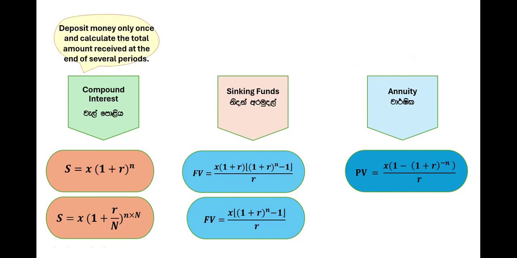If you use the compound interest formula, you deposit money only once and calculate the total amount received at the end of several periods. Here you invest or deposit a single amount. You deposit 10,000 in a bank. After 3 years, you will have to find the total amount in the bank. It is compound interest.